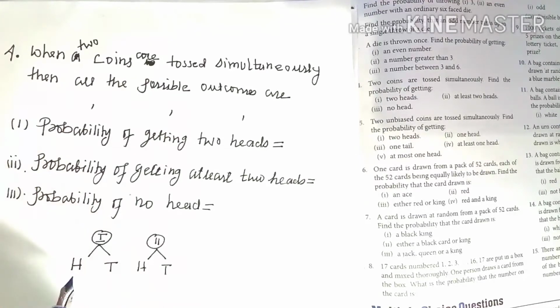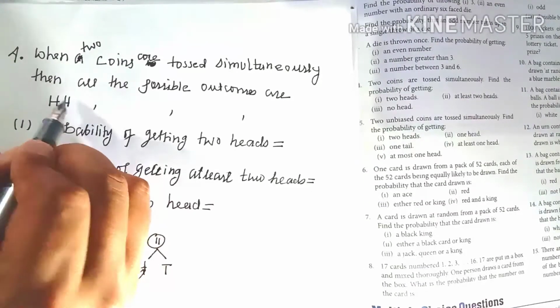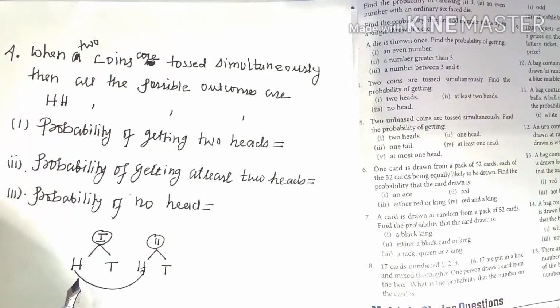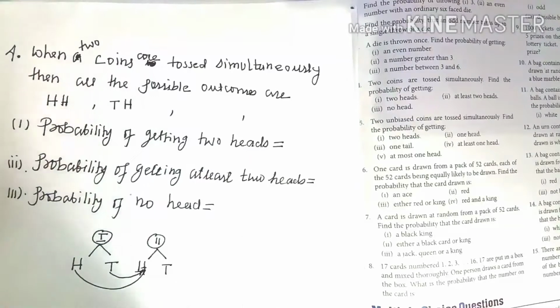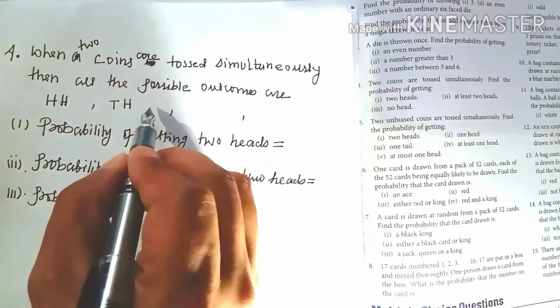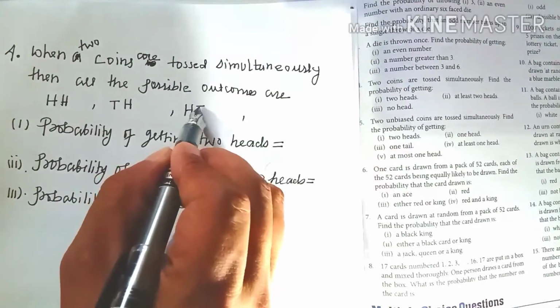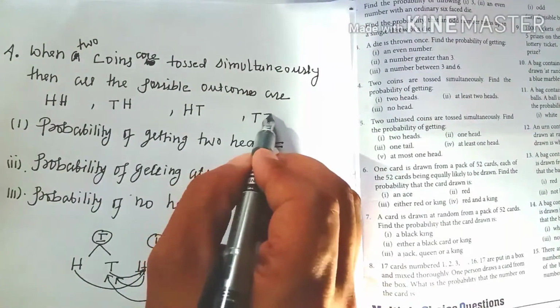So the first we can take is head, head. If not, we may get tail, head. After that, if not, we can take head, tail. If not, we may get tail, tail.